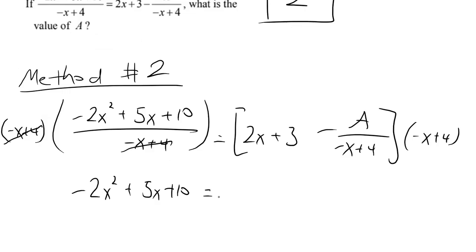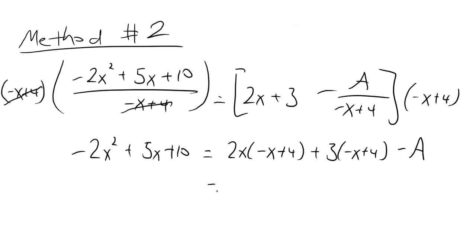You have to distribute the minus x plus 4 to all the terms on the right, so you just have to be careful: 2x times minus x plus 4, plus 3 times minus x plus 4, and then we get a minus a. If we expand the right-hand side out, that's minus 2x squared plus 8x minus 3x plus 12.